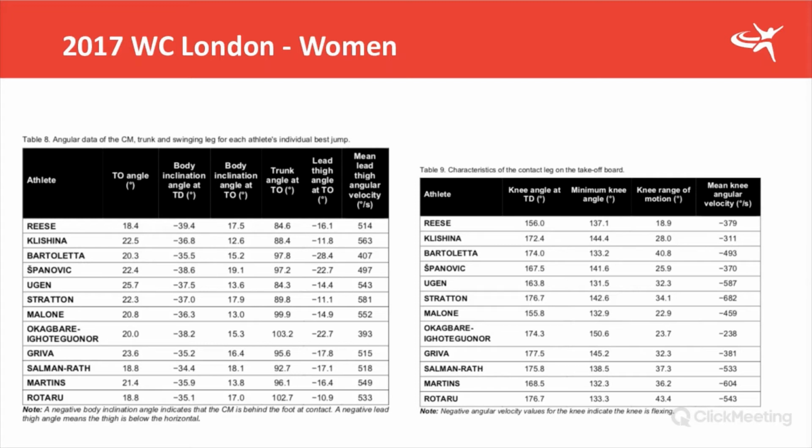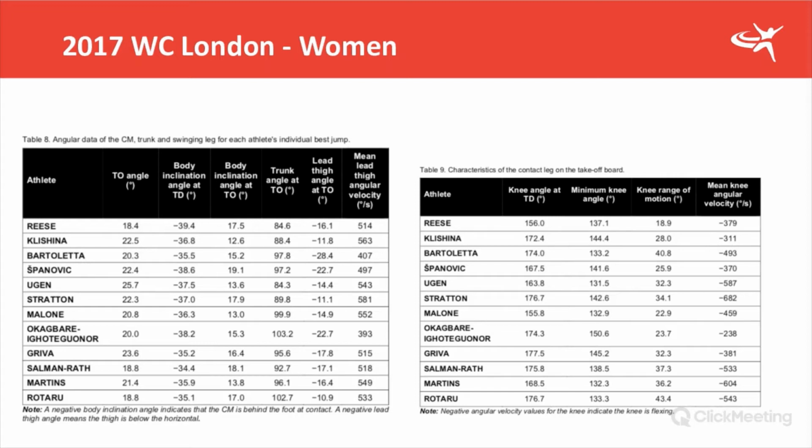A negative lead thigh angle means the thigh is below horizontal. And this is really interesting for me because we want to see that free leg and the thigh of that free leg drive through, and we want to block that to horizontal. But we can see here that none of the athletes are actually achieving that. They drive that knee just below horizontal. Frank? Yeah, carry on, sorry.